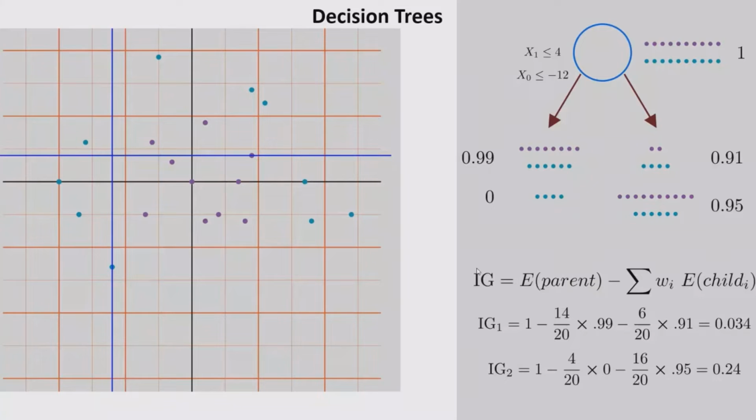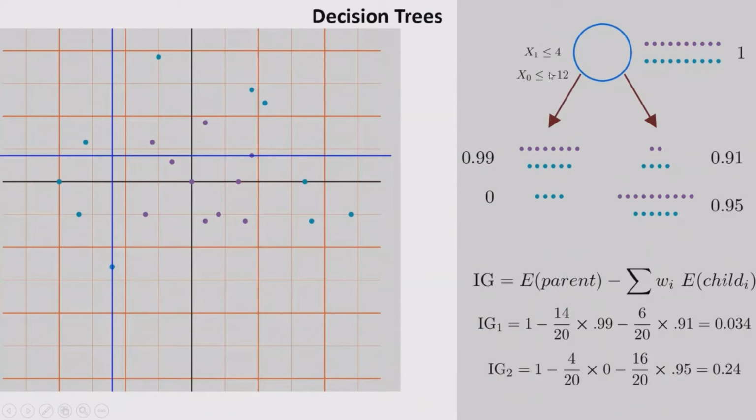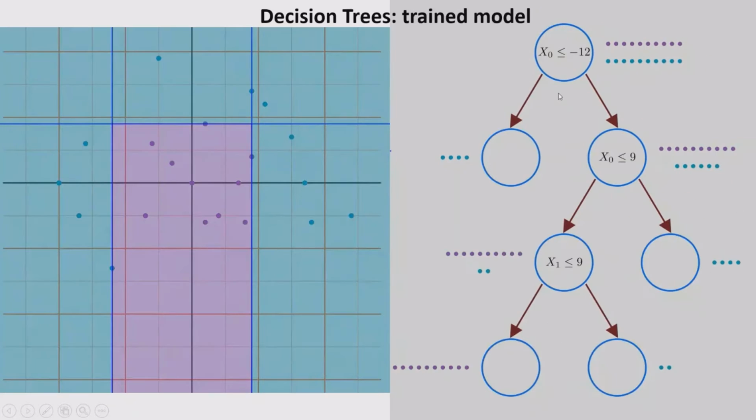Perfect. So you will be able to use these concepts to calculate the best classification condition and build your decision trees for specific data. For example, here is an illustration. The first condition is x0 less than or equal to minus 12. We selected it from these two conditions; if these two are taken, the second one works better, and we took that.